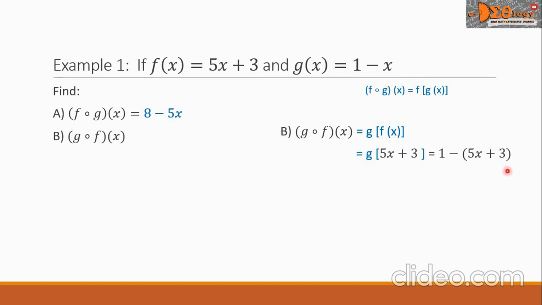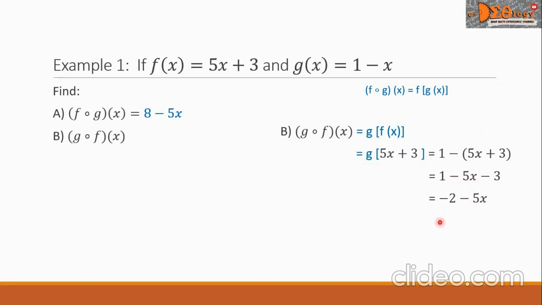The grouping symbol is preceded by a negative sign, and we know what to do. We will change the sign of all the terms inside this grouping symbol. So we have now 1 minus 5x minus 3. To simplify further, the 1 minus 3 becomes negative 2, and then the negative 5x is copied only.